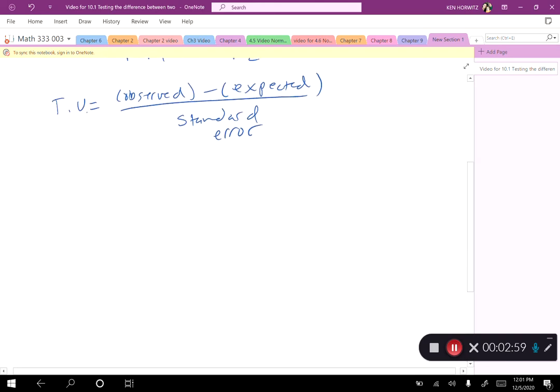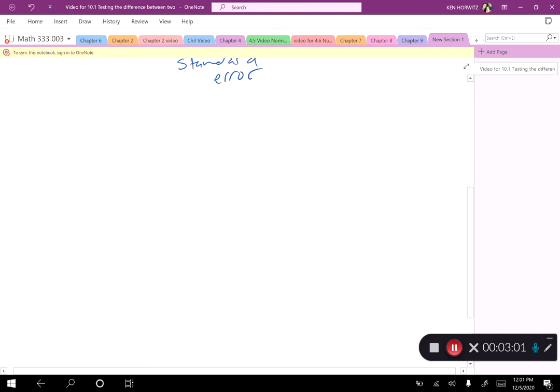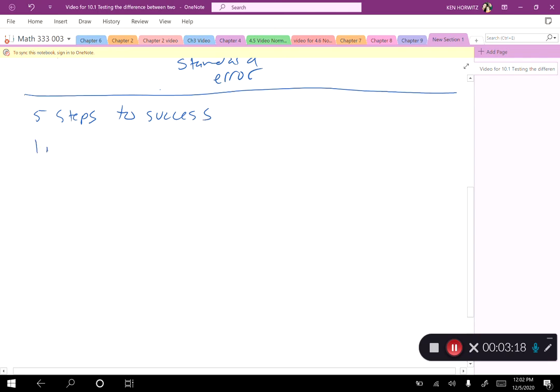All right, we are still going to use the same procedures that we used before. That is one of the big keys: we're not going to do anything different than we've done for the last couple of sections. So our 5 steps to success: we're going to state the hypotheses and identify the claim.